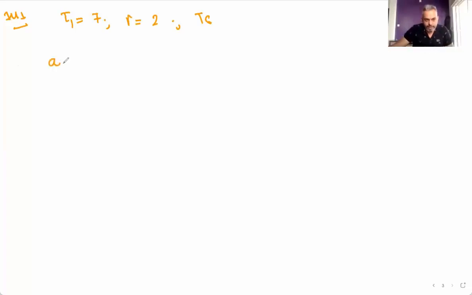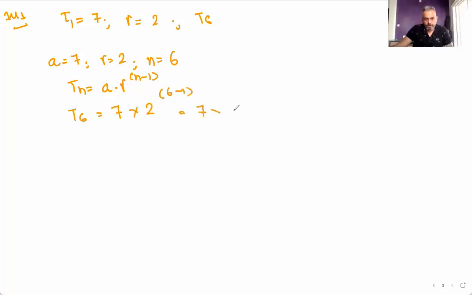We take A is equal to 7, R common ratio is 2, Tn is equal to A into R raised to n minus 1. So T6, you write n is equal to 6, is equal to 7 into R, which is 2, raised to 6 minus 1, which is equal to 7 into 2 raised to 5. Now, how do we do it on the calculator?